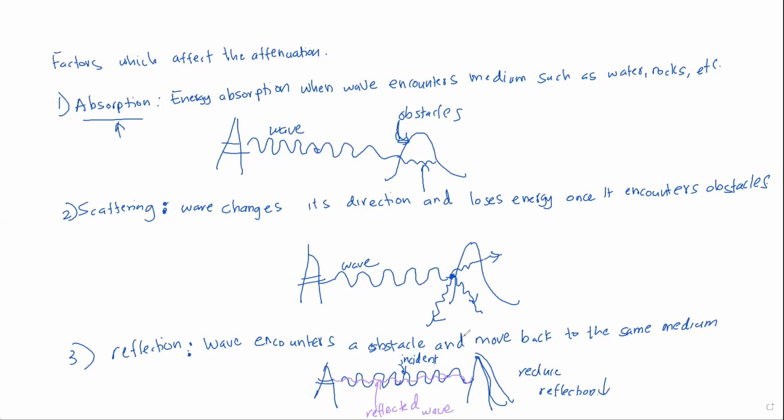We mathematically model the amount of reflection using parameters such as the reflection coefficient. We'll learn about that when we discuss the transmission line. So that is basically regarding wave attenuation. Apart from that, in order to mathematically give a value for the attenuation, we denote the wave attenuation using a factor called the attenuation factor.